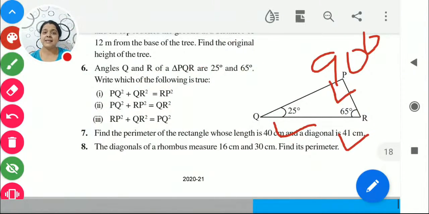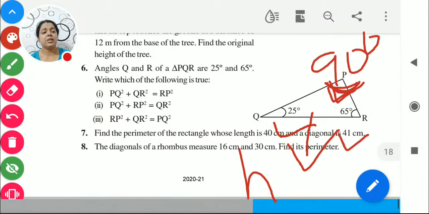When it is 90 degree, what is the correct answer here? If this angle is the 90 degree angle, then the side opposite to it will be the hypotenuse.